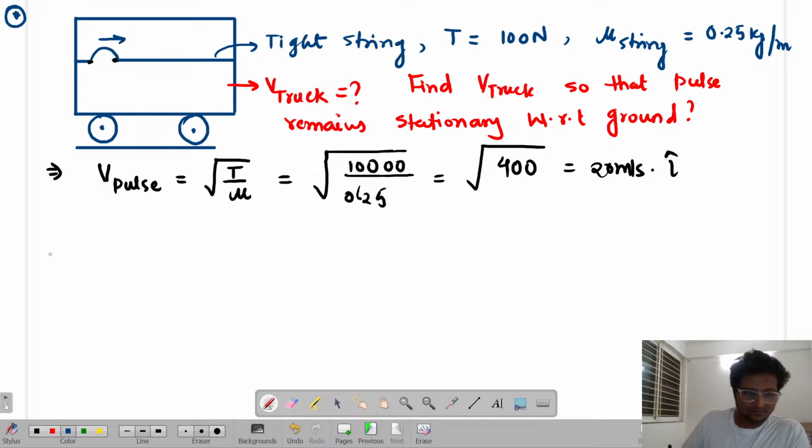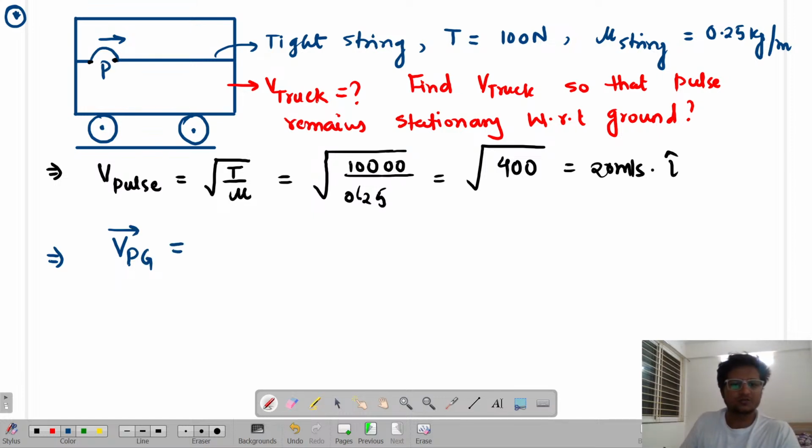So try to see. I think you guys have understood till here, right? Now the point is I want this pulse with respect to ground. Basically I have to calculate the velocity of pulse with respect to ground. So here ground is there, truck is there, pulse is there. The three are appearing.